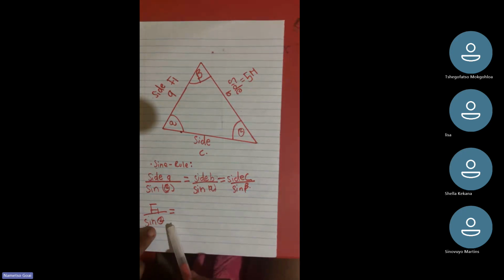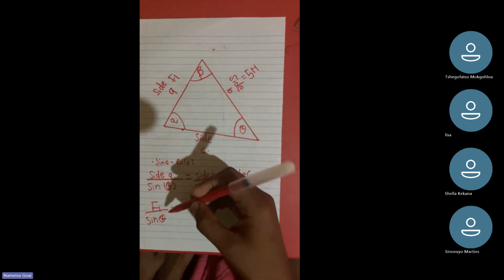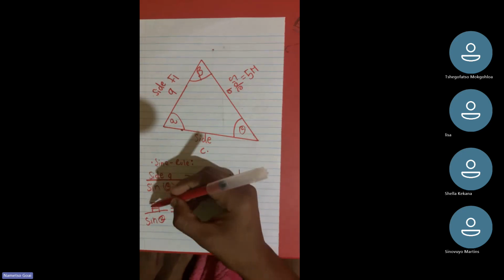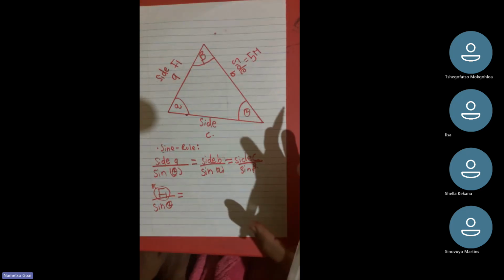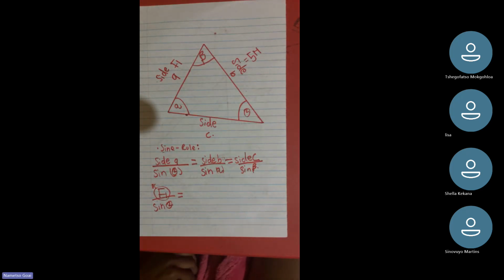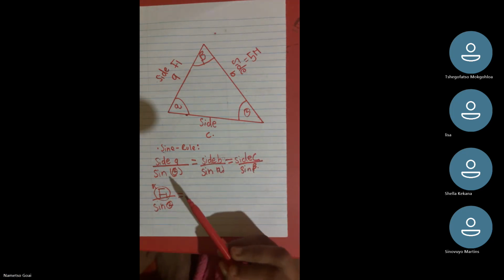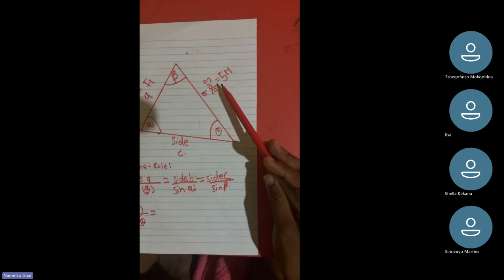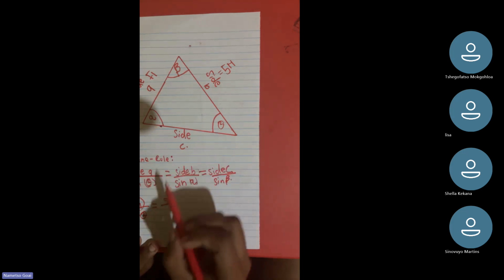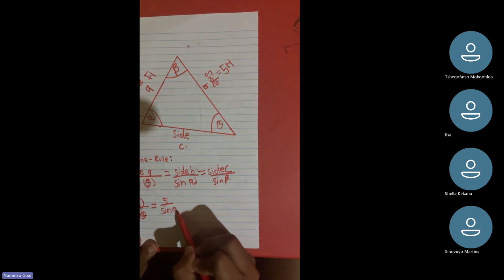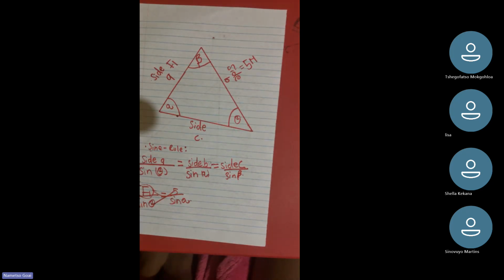You can't have F1 over sine theta equals F2 when they're both unknowns, because at the end of the day you have to cross multiply, and when you cross multiply, F1, the side you're looking for, should be the only unknown. So F1 divided by sine theta equals 5 divided by sine of alpha. Then you can cross multiply and find what your F1 is.